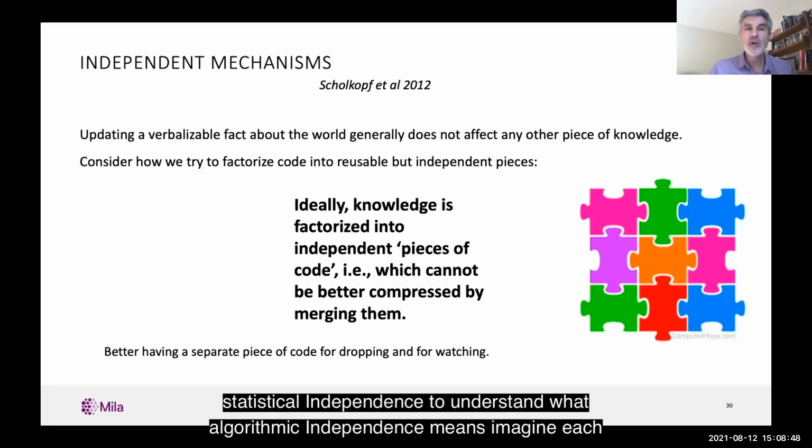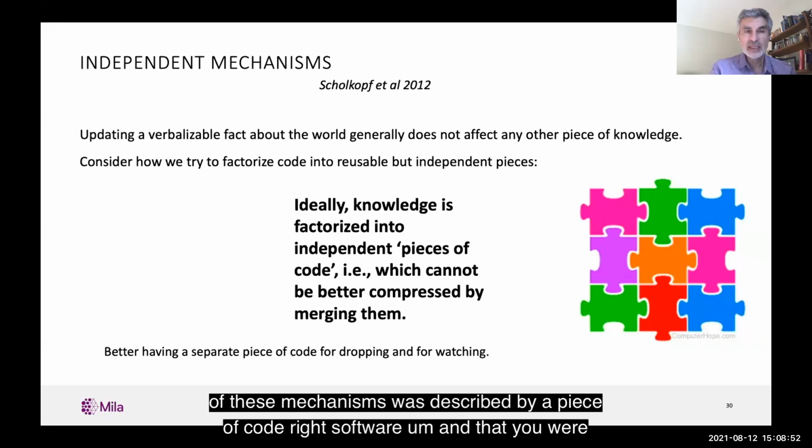To understand what algorithmic independence means, imagine that each of these mechanisms was described by a piece of code, right? Software. And that you were to compress that code, gzip it.